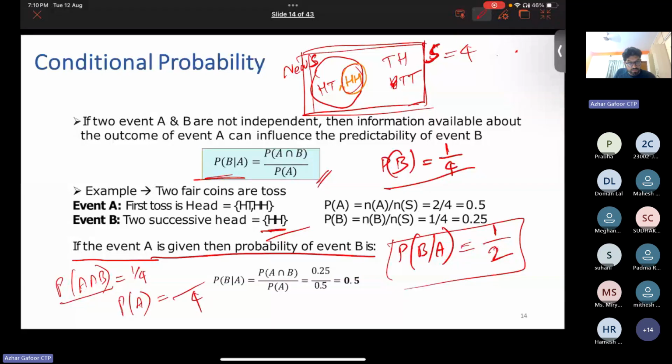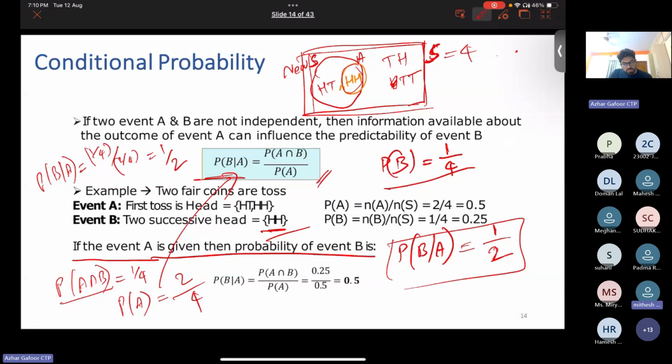But in this case, for probability of A, we have 2 elements inside A, so it will be 2 by 4. Now let's put this into the formula. Probability of B given A is equal to 1 by 4 divided by 2 by 4, which will again be equal to 1 by 2.